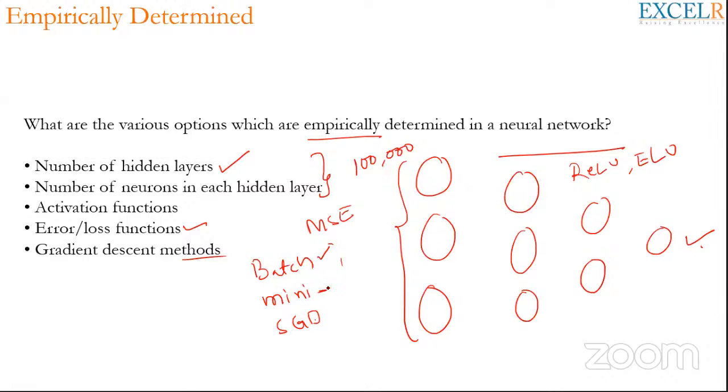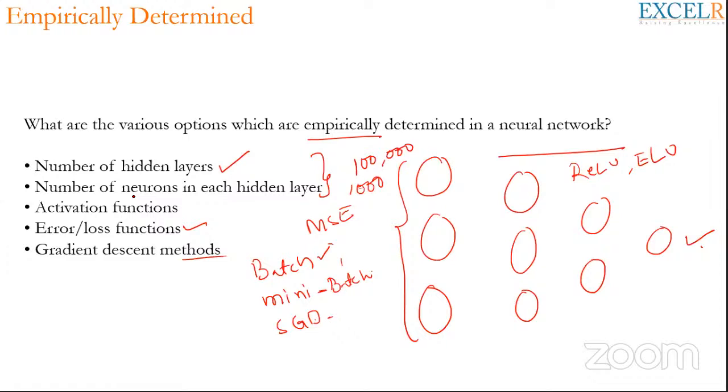Mini batch is, instead of sending all the data points, just send them in chunks. Let's say 1,000 data points at one go. Send through the network, update the weights, and again send the next 1,000, the next 1,000. That is mini batch. Then stochastic gradient descent is sending only one data point at a time to the network and updating the weights one data point at a time. So these are the different variants of the gradient descent method.